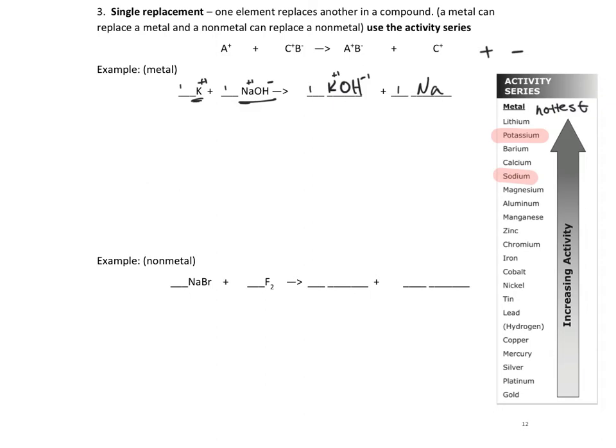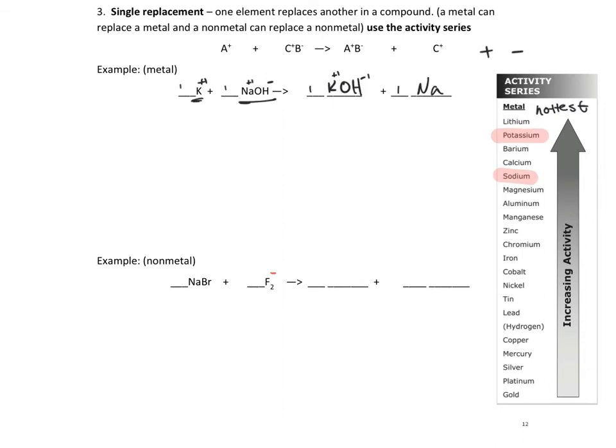Let's go look at another example for this. In this compound, we've got sodium bromide, NaBr, and a single element of fluorine, F2. Now, fluorine is a negative element, and negatives are trying to get with positives. So we go look at the compound.